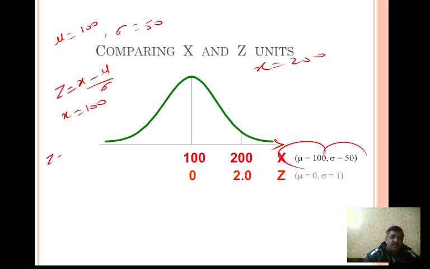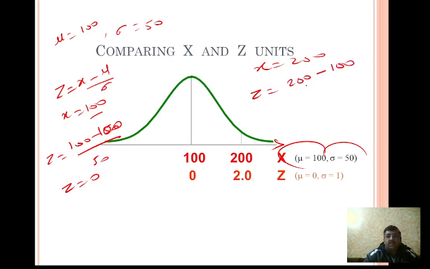So z will be what? 100 minus 100, since mu is 100, upon 50. So this will give us z equals 0. Similarly here, z equals 200, which is the value of x, minus 100, which is the value of mu, divided by 50.